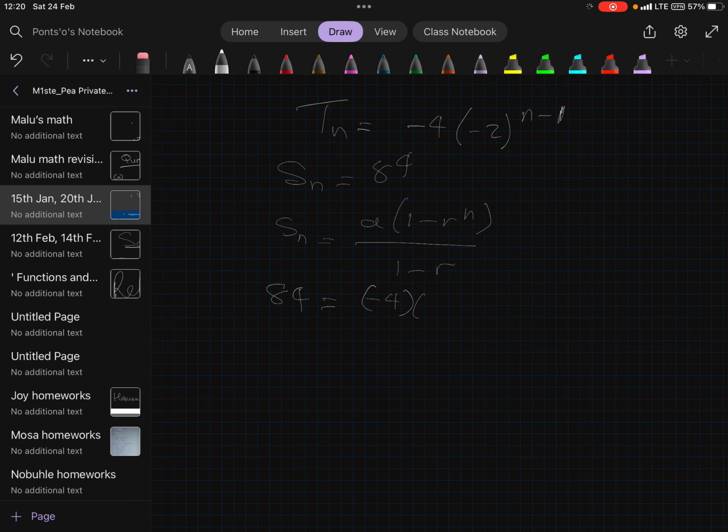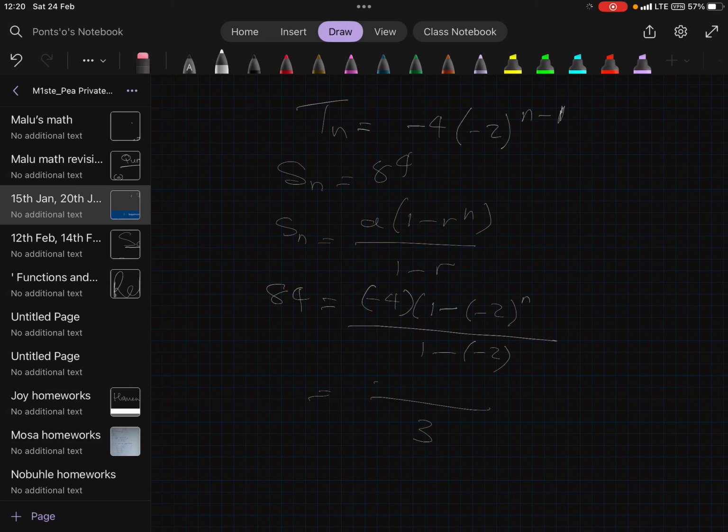If a is negative 4 and we substitute the constant ratio negative 2, we don't know what n is. And this is over 1 minus the constant ratio, negative 2. This here is 3.